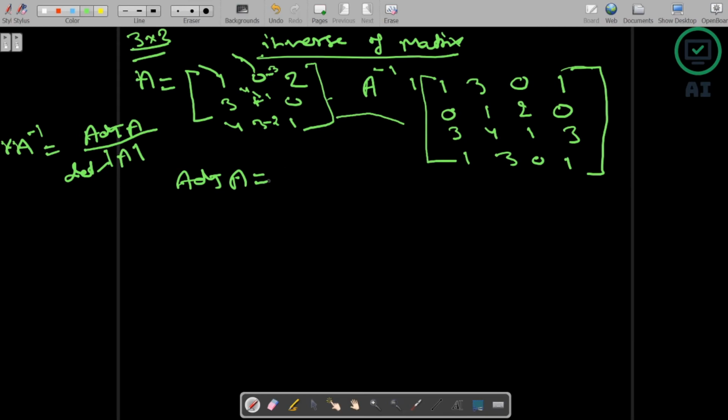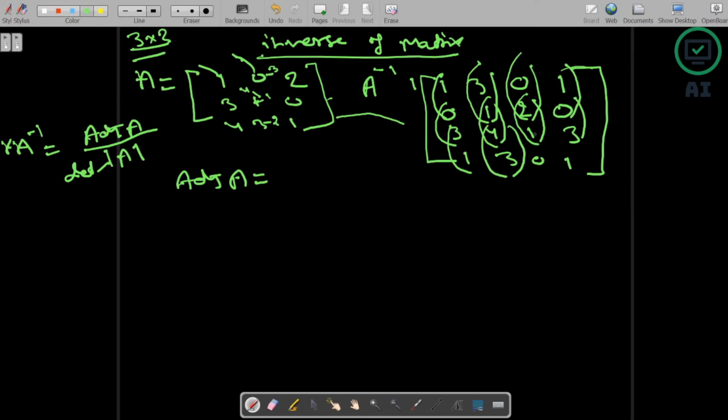Now the adjoint of the matrix is: take the determinant of this, then this, then this. Similarly, you do for this, then this determinant and this one. Then you do the determinant for this, calculate this, then this one, and then again this one.